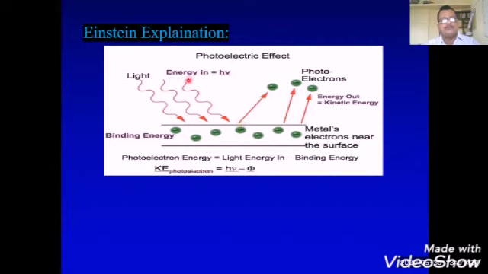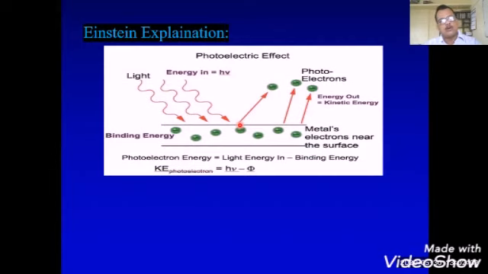Again I repeat, the light comprises photons, and this photon strikes the electron and completely transfers the energy of the photon, that is h nu, to the electron. Now the electron has this energy h nu, and a part of it will be used to come to the metal surface, and the energy so required is called the photoelectric work function.